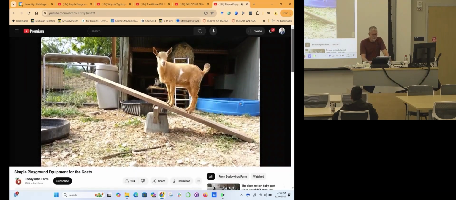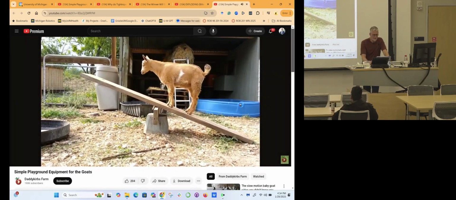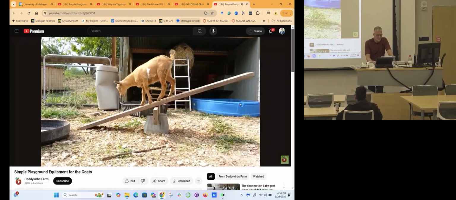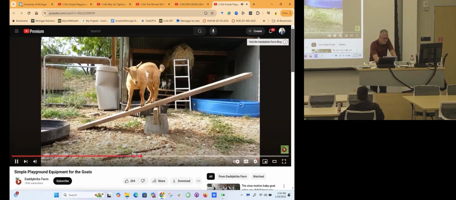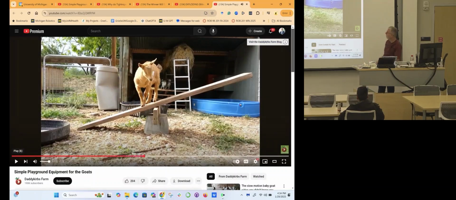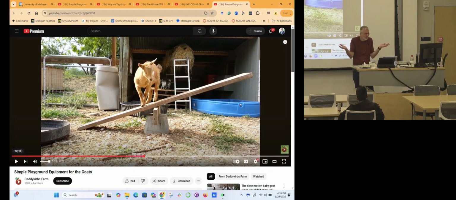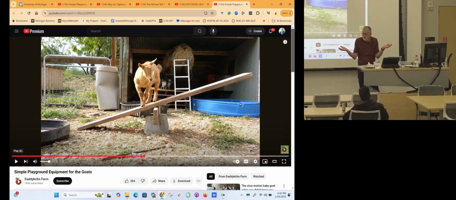And if you're not hearing anything online, it's okay. There's not much noise being made here with this goat. But if I pause the video, why is the teeter-totter not level? Come on, you guys have a physical idea of how teeter-totters work, right?